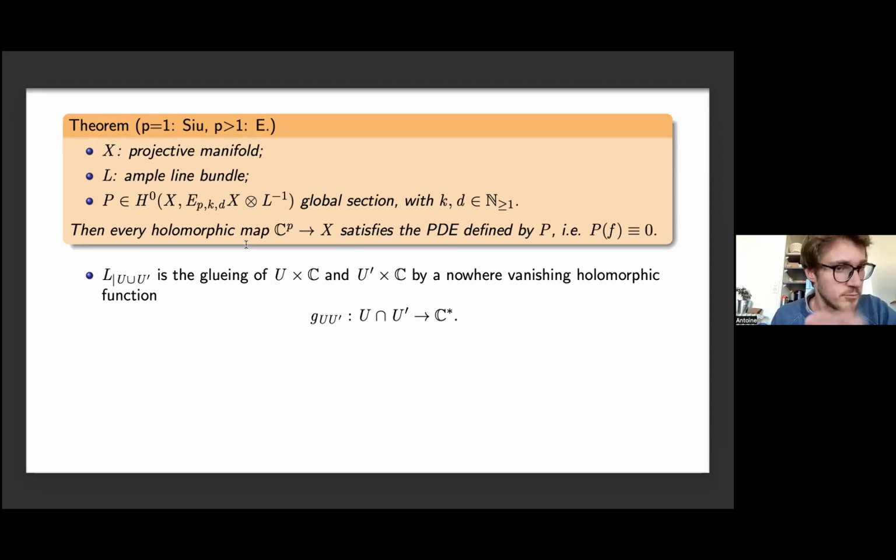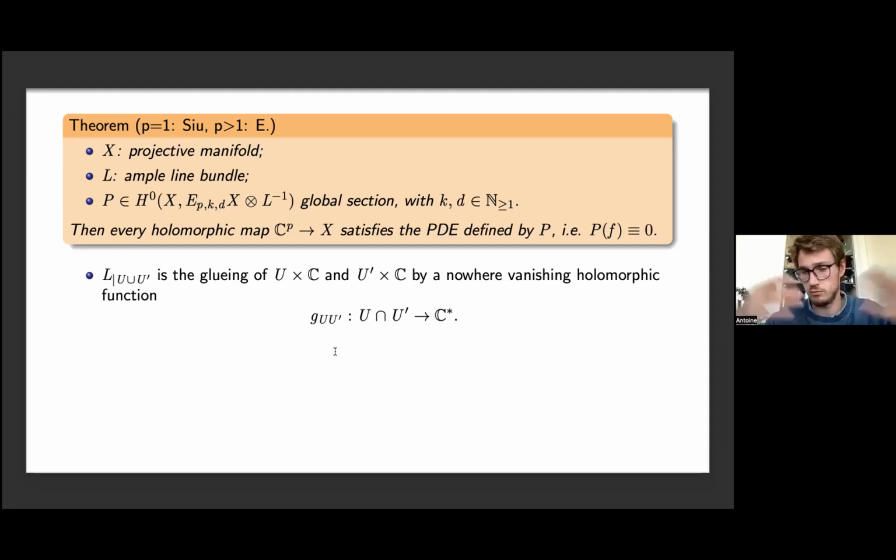As some people may not be familiar with them, a few words here on ample line bundles and global sections. I just quickly recall that, for the easy case, if you take a line bundle and two trivializing open sets, then the line bundle is obtained on the union of these two open sets as a gluing of two copies of C by a nowhere vanishing holomorphic function.